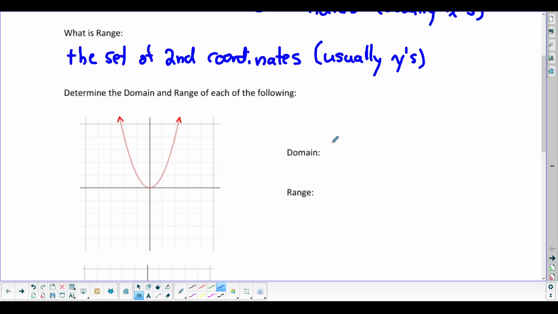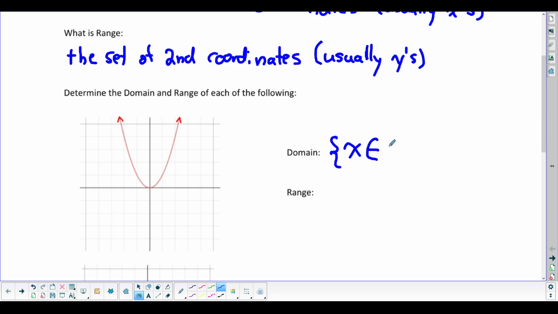So first we're going to start with set notation. To do that, we use these braces. These are like squiggly brackets. We're going to say x can be any real number. And to write that mathematically, we're going to use a few math symbols.